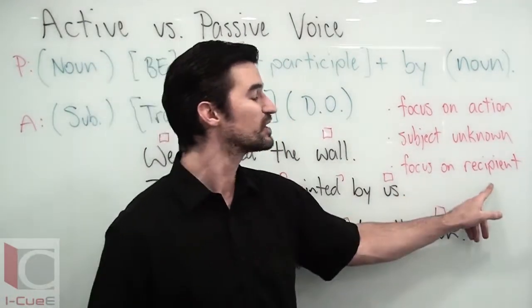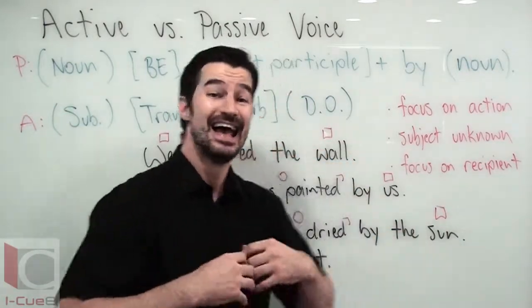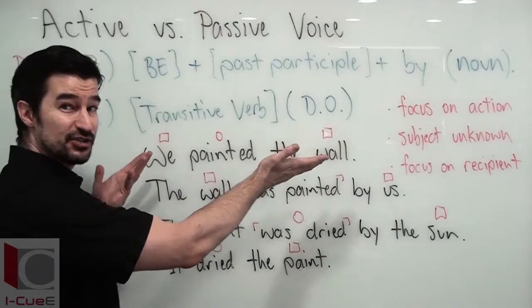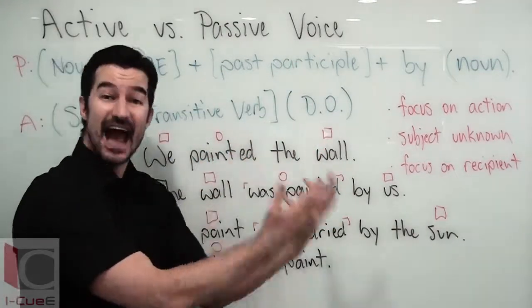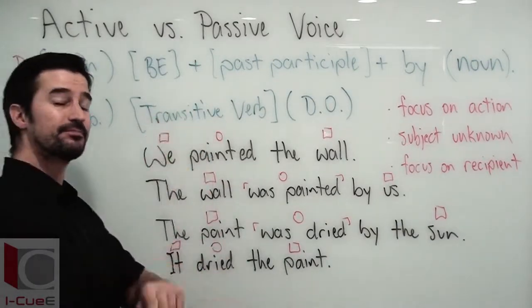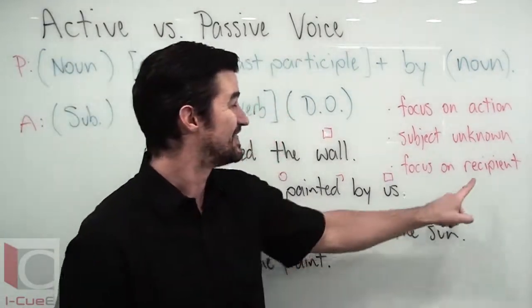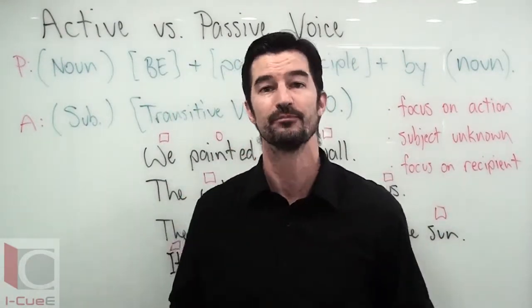Or perhaps you want to focus on the recipient of the action. In an active voice construction, that would be the direct object, the one receiving the action of the subject and the verb. However, if that recipient is more important, well, what do?